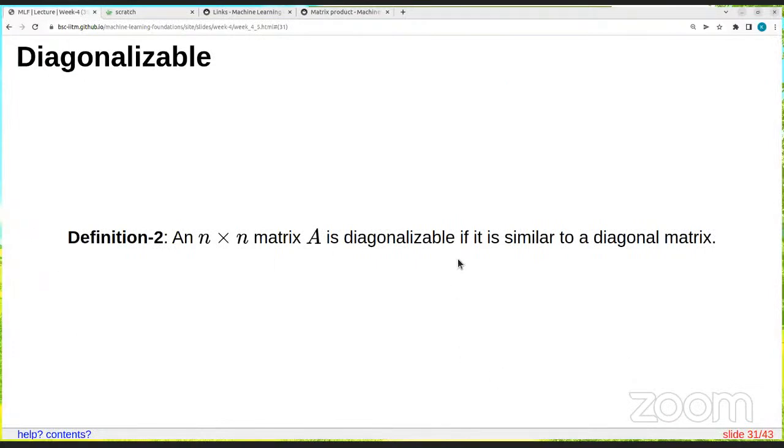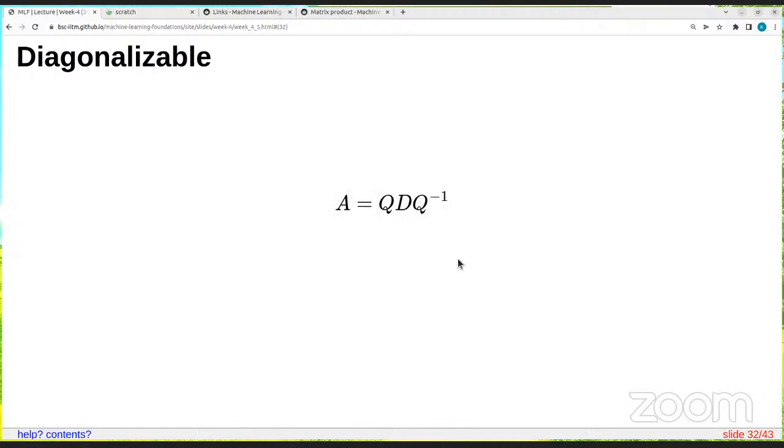It's something which is similar to a diagonal matrix. So that is definition 2. Examples will come, but at present, I hope you get the picture of what we are talking about.